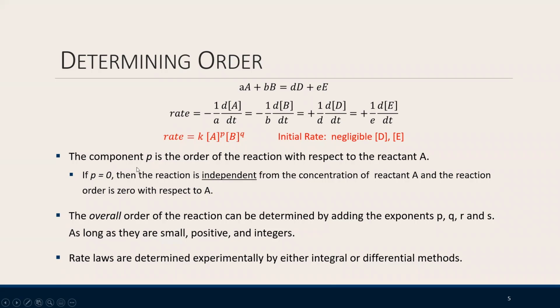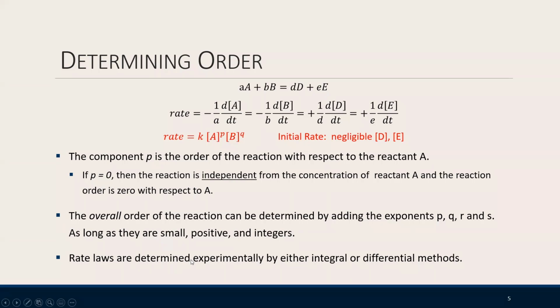Just notice that if p equals 0, that means the reaction is independent of the concentration of reactant A, and then we say the reaction order is 0 with respect to A. So you will need to calculate p and q here and approximate p and q to the nearest integer.